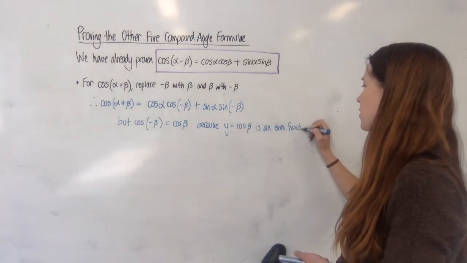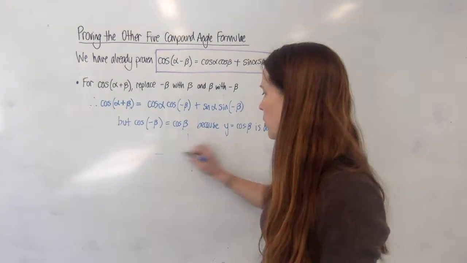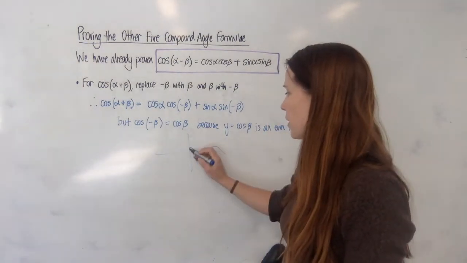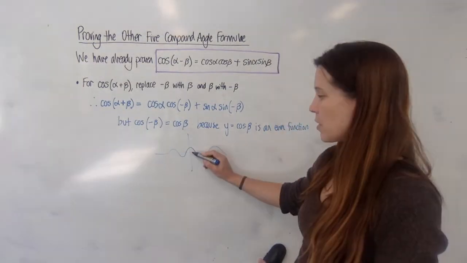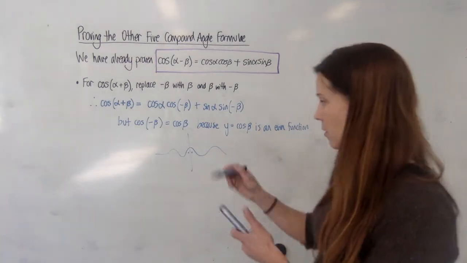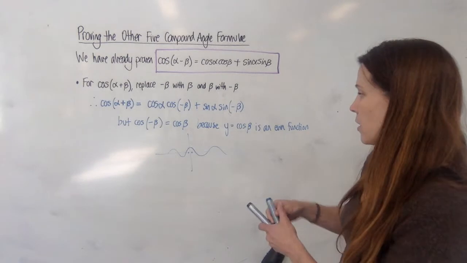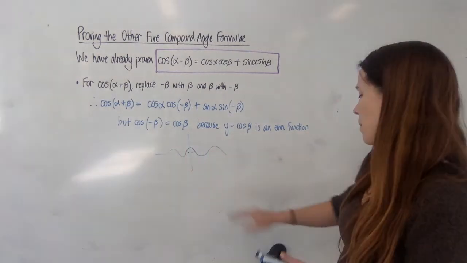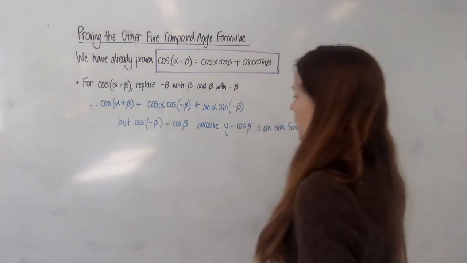Now, the fact that it's even, we don't really need this in our proof, but just so we're thinking about what this really means, we know that the cos of, say, 30 degrees is equal to the cos of, say, minus 30 degrees. We've considered that already. You get the same answer from both. So the cos of minus b and b is the same, or beta and minus beta.